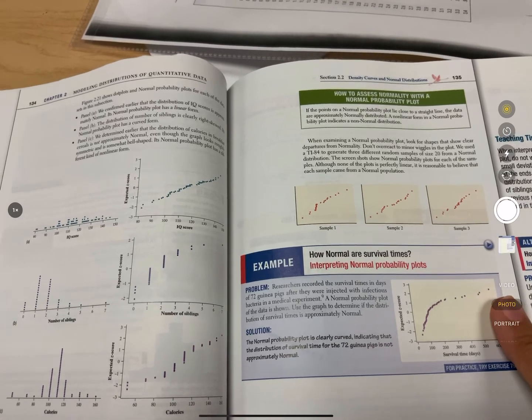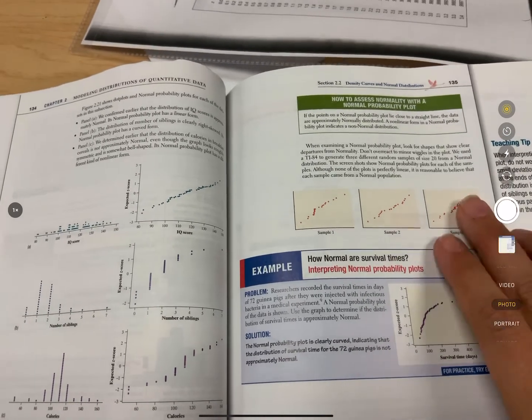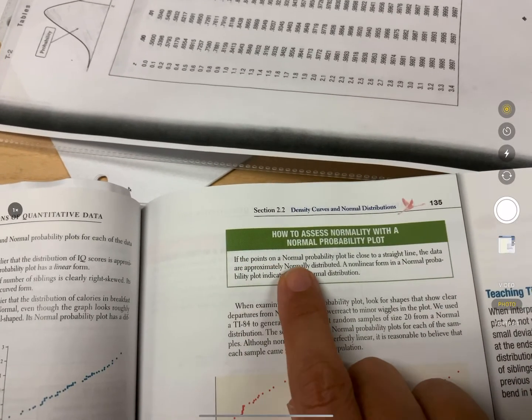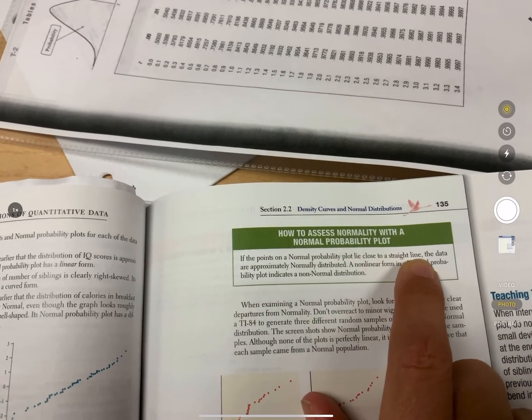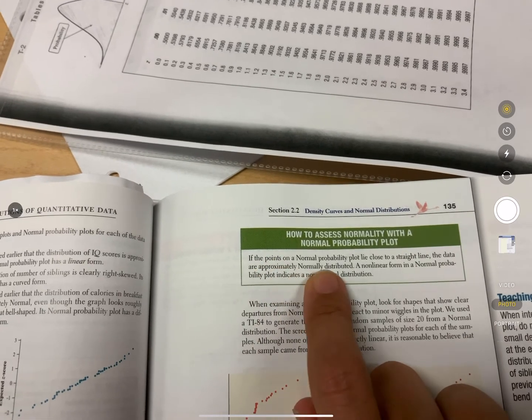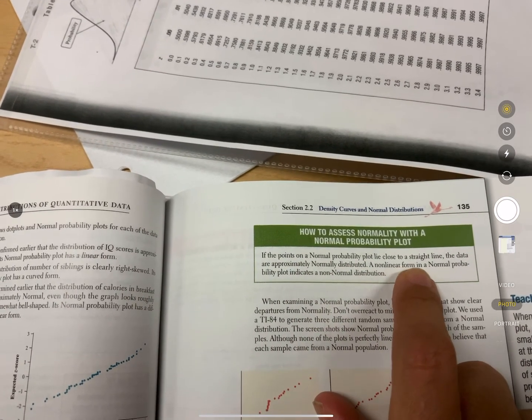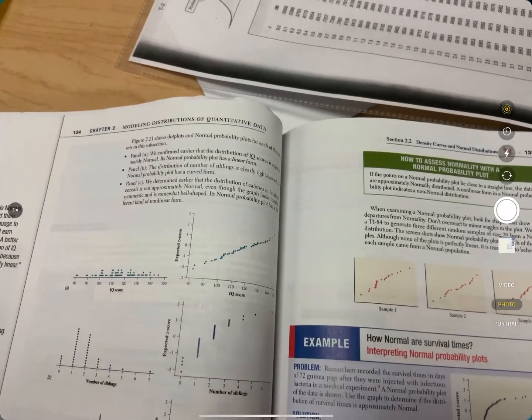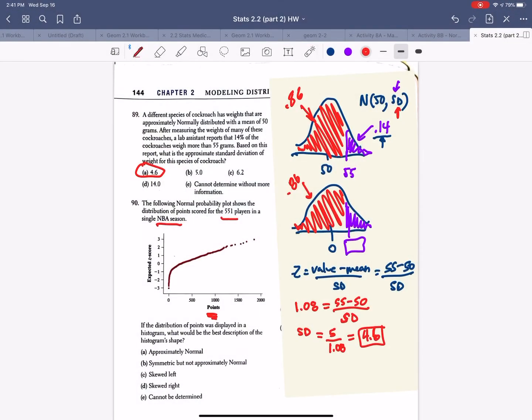Here's the information we need: if points on the normal probability plot lie close to a straight line, the data will be approximately normal. Anything nonlinear in form, we would say non-normal. So I think we have our answer there.